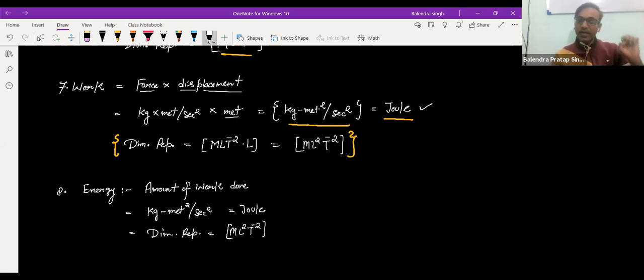You can remember that the dimensions of work and energy are the same.